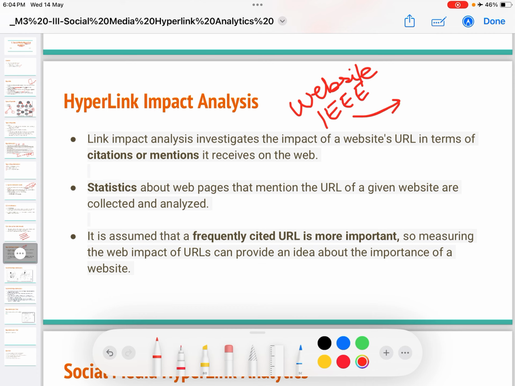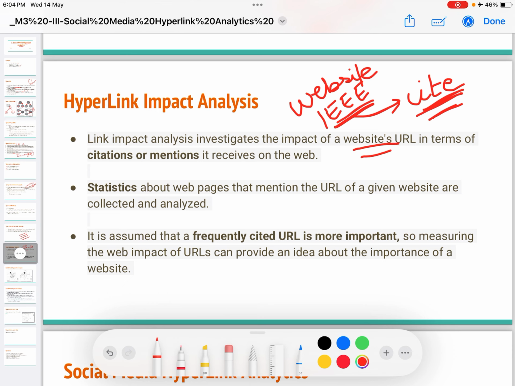Many people make projects and use references from these IEEE papers. So they cite that as the reference used in their project, saying that this reference has been used.